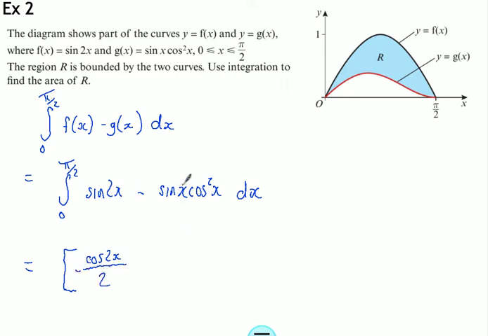And then sine x cos squared x, this second term differentiates to give this first term. So I'm going to try cos cubed x. And when I differentiate this using the chain rule, I get 3 sine x cos squared x. So I need to take a third of that between the limits of pi over 2 and 0.